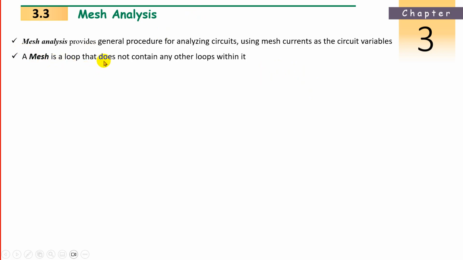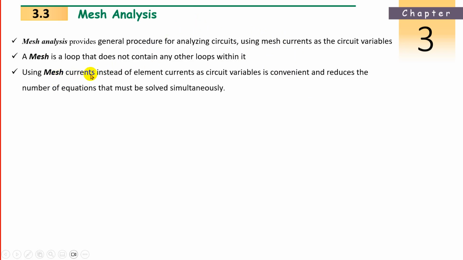A mesh is a loop that does not contain any other loops within it. It means a mesh is a loop which doesn't have any other loops inside, only one loop, no other branches. So only one loop it should cover. How it is covered, we will check. Using mesh currents instead of element currents as circuit variables is convenient and reduces the number of equations that must be solved simultaneously.